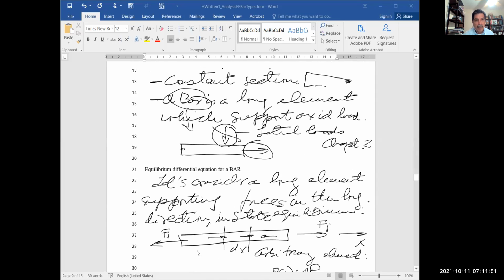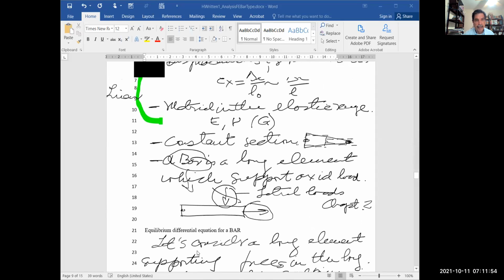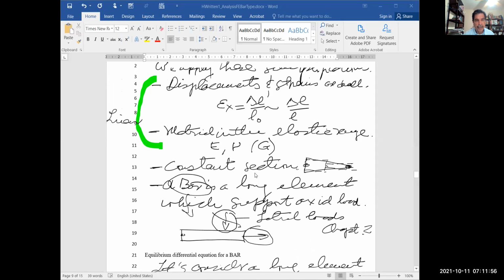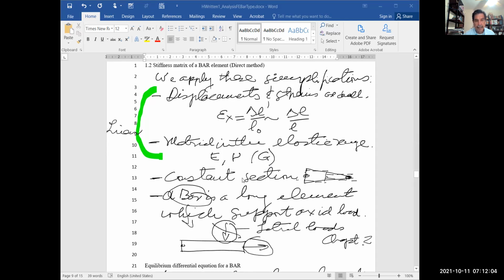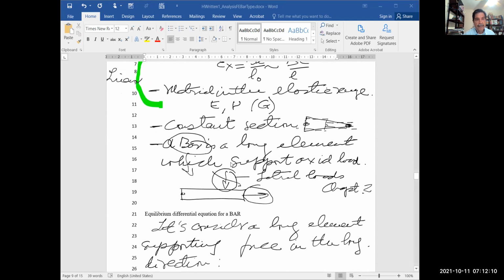Here, these are the assumptions. Displacement small, linear elastic range. The section of each bar element is going to be considered as constant. And of course, this is not really an assumption, it's just a specification.